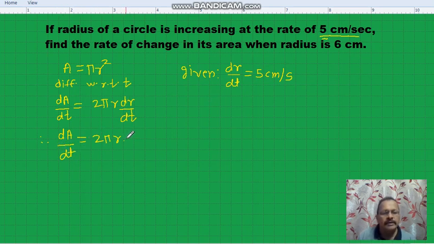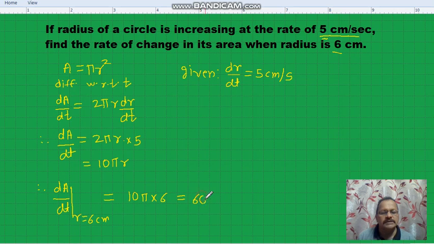So writing here 5, I get dA by dt is equal to 10 pi r, and therefore dA by dt when radius is 6 centimeter, r equal to 6 centimeter, is given by 10 pi into 6, that is 60 pi centimeter square per second.